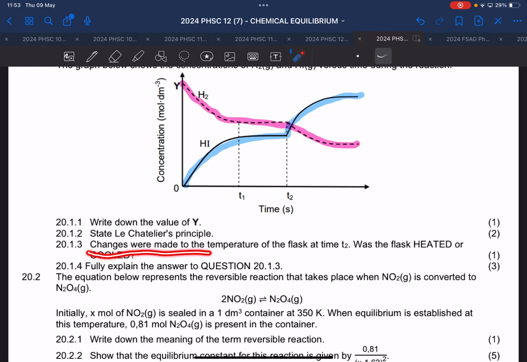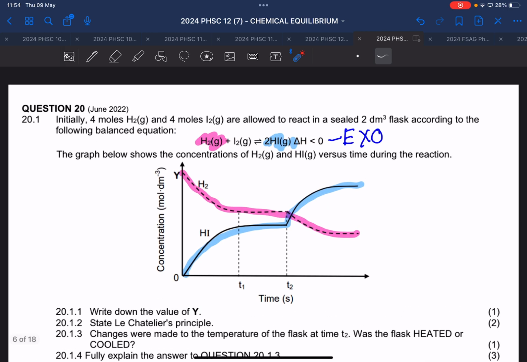Then they ask, changes were made to the temperature of the flask at time T2. So we reached an equilibrium here, you can see that, right? We made a change and a new equilibrium was established. Was the flask heated or was it cooled? It's an exothermic reaction, always keep it in the back of your mind.